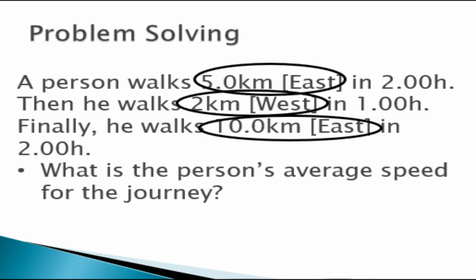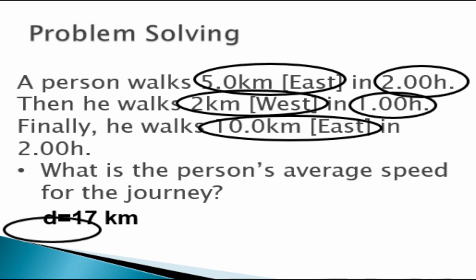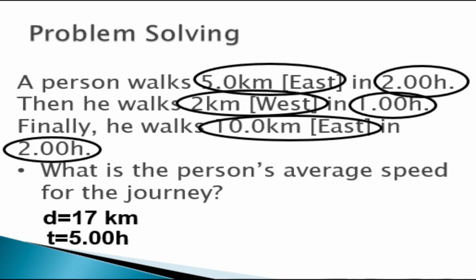So we have 5 plus 2 plus 10, so we will have the distance of 17 kilometers. And then before we calculate speed, we need to find also the total time taken for the person to complete the path, and that is by adding 2, 1, and 2. So we will have the total time as 5.0 hours.